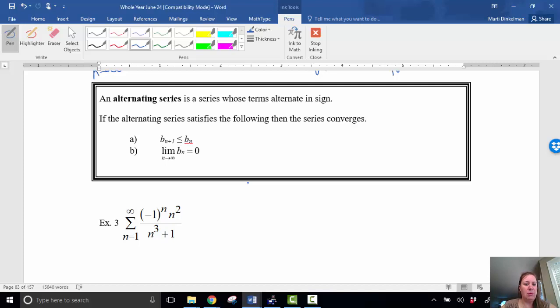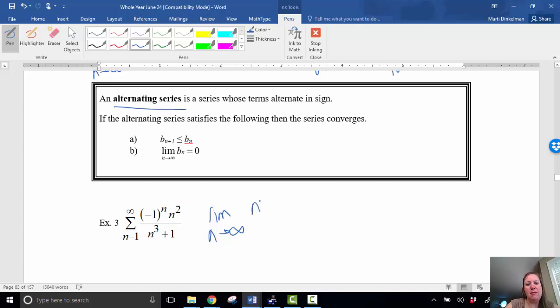And if the limit is 0, okay, so we're going to be checking the limit that it's 0. If that's the case, then we can say that this series converges. So in this case, it does work to say that the limit is 0 and converges, but only if it's alternating. That's the only time we get to do that.